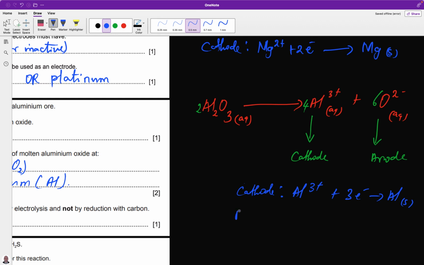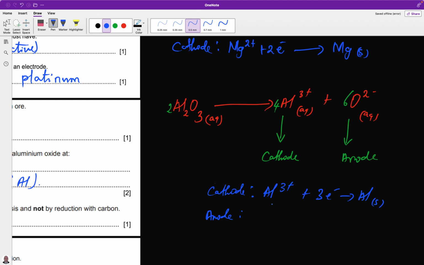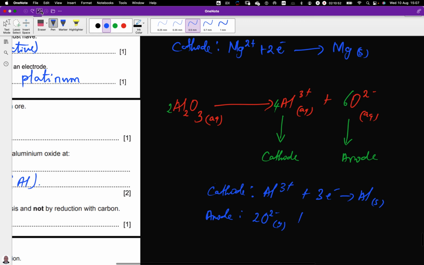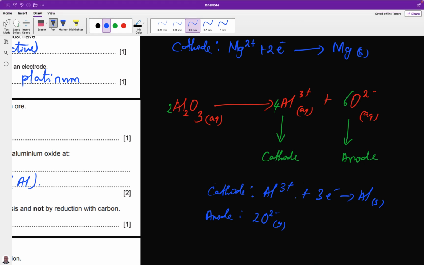At the anode, what you will have at the anode will be 2 oxygen, 2 minus, which is the gas, plus... it has to give the electrons. Yes, for the purpose of revision, we'll have oxygen plus 4 electrons.